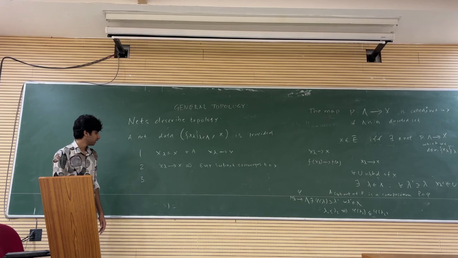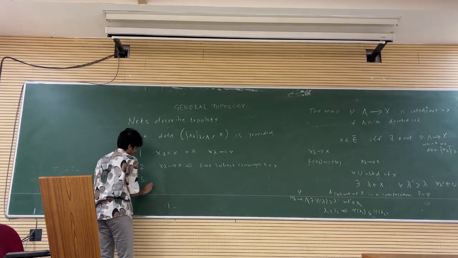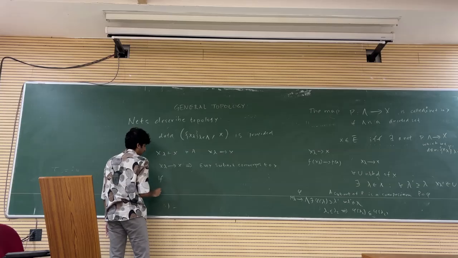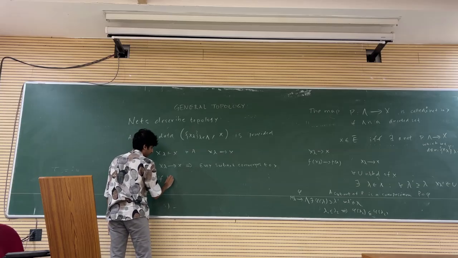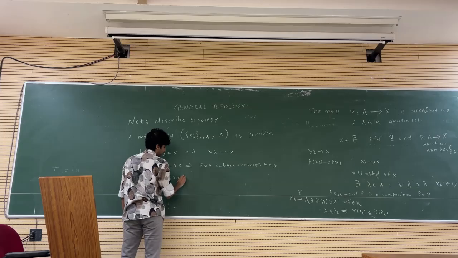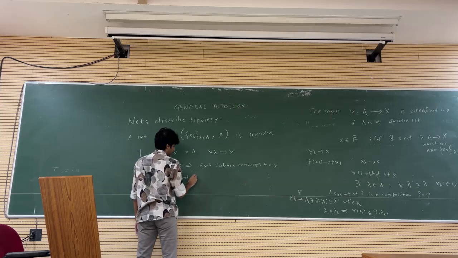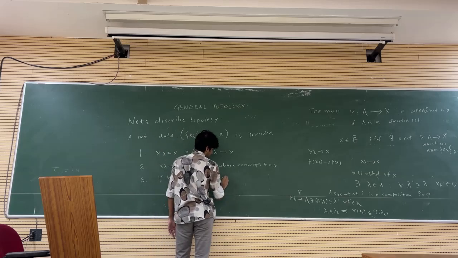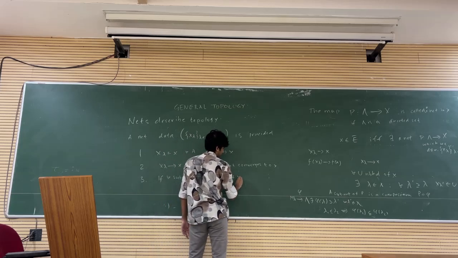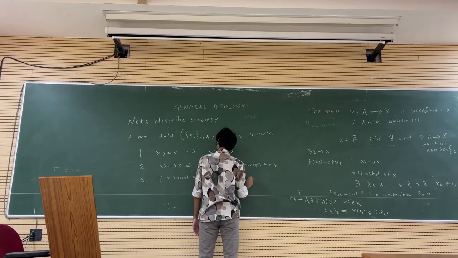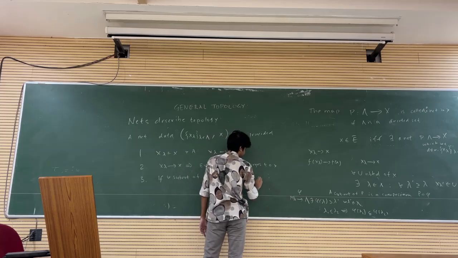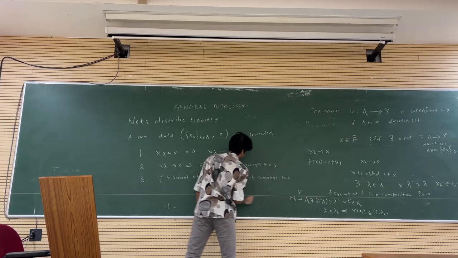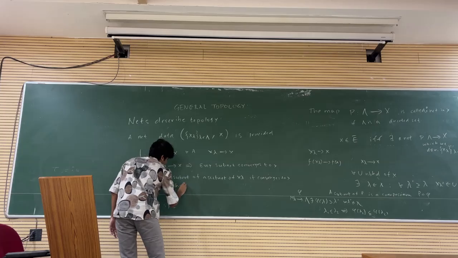The third property is a bit icky, but I'll justify this. If for every subnet of a subnet of x lambda, it converges to x, then the original net also converges to x.